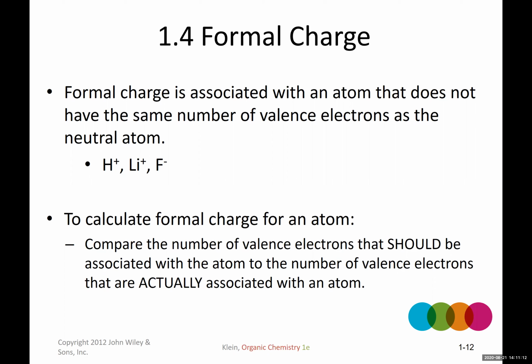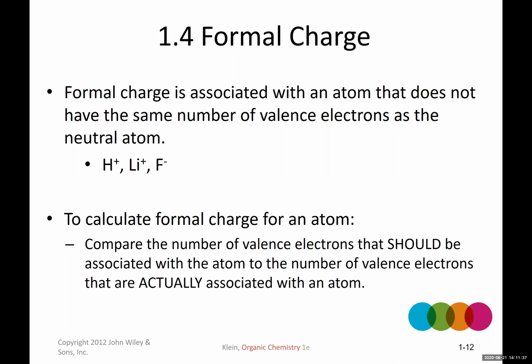Essentially, this is a bookkeeping method. And what you end up doing is you compare the number of electrons around a given atom with the number of electrons around that atom when it's neutral. If the number of electrons around the atom is the same as the number of electrons around the atom when it's neutral, then the atom is neutral.